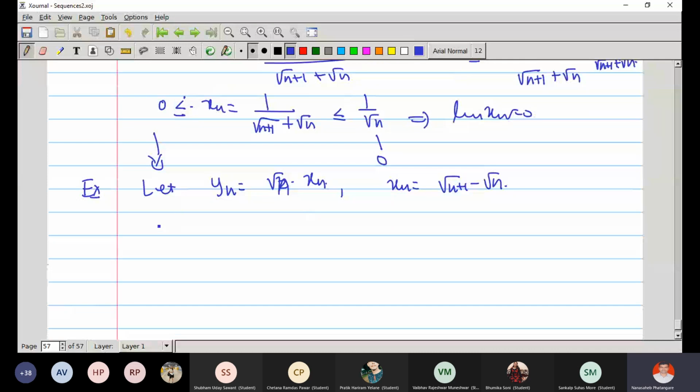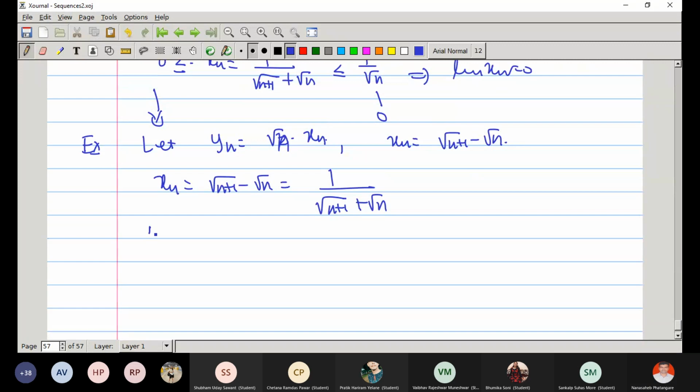So then what is the limit? We have already calculated xn, root n plus 1 minus root n, which is the same as 1 upon root n plus 1 plus root n, correct?